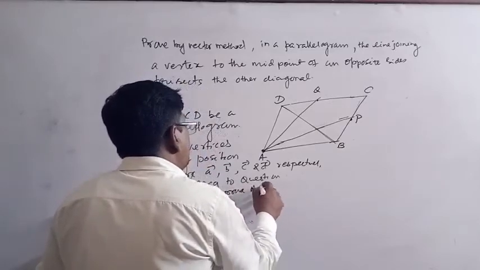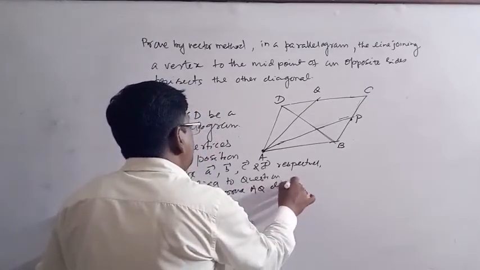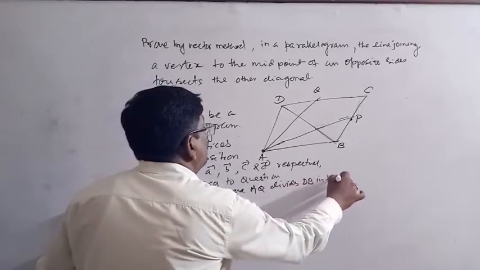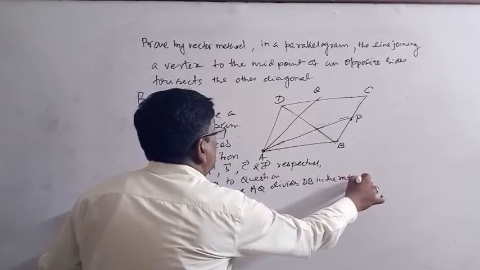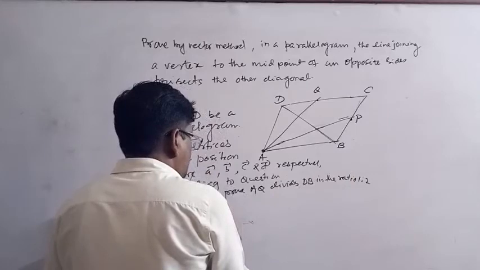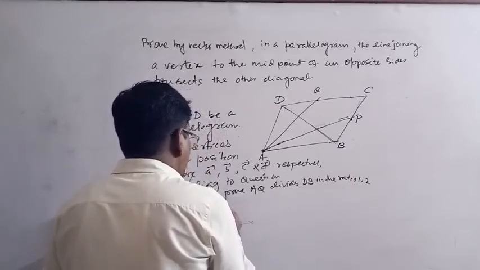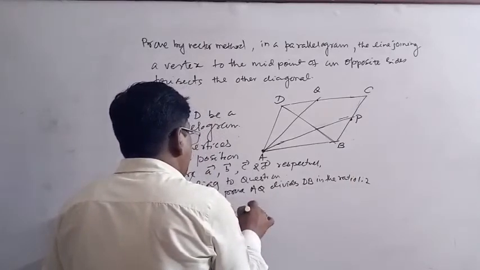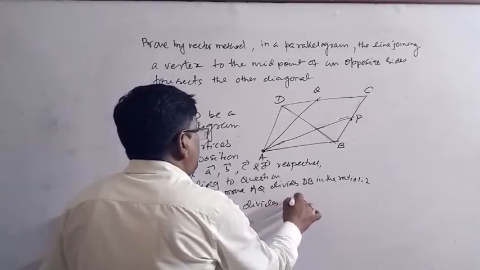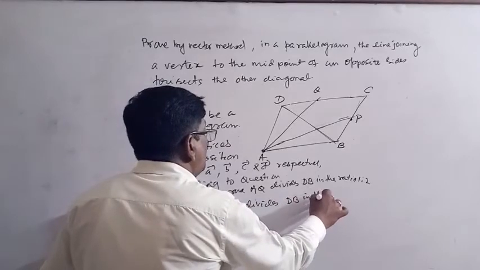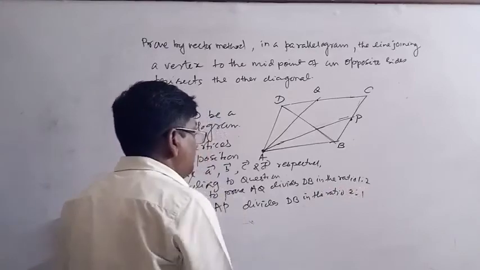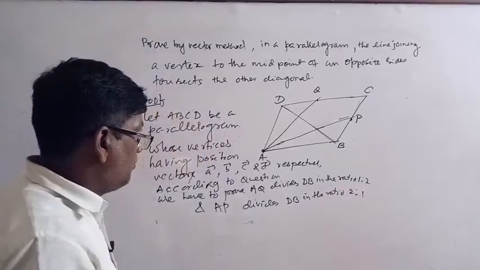AQ divides DB in the ratio 1:2, and AP divides DB in the ratio 2:1. This is our aim to prove.